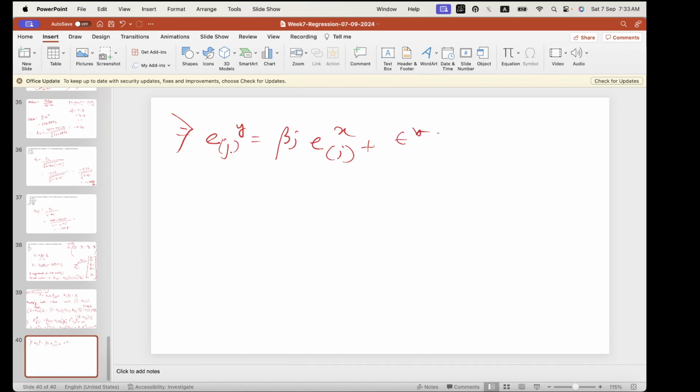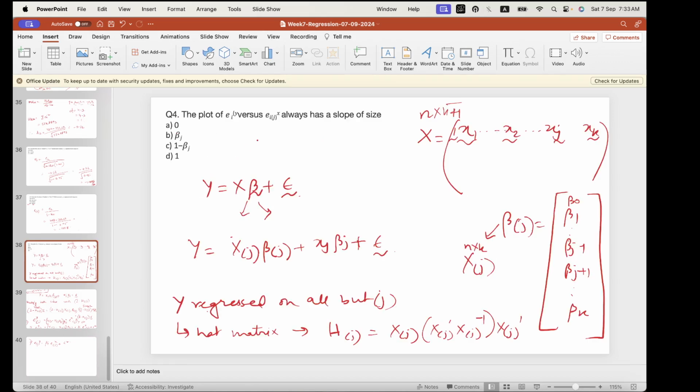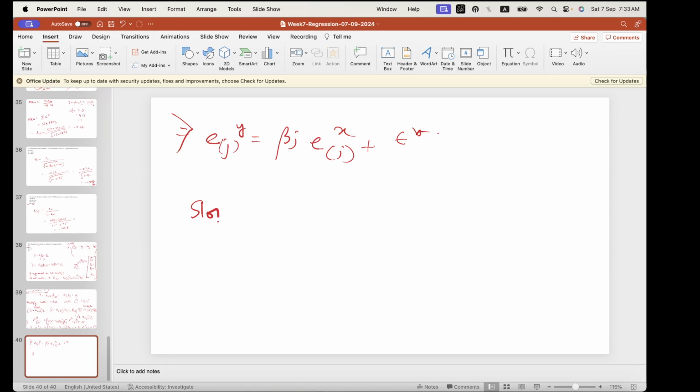Therefore, regression of this quantity versus this always has a slope of size beta j, and that is the answer.